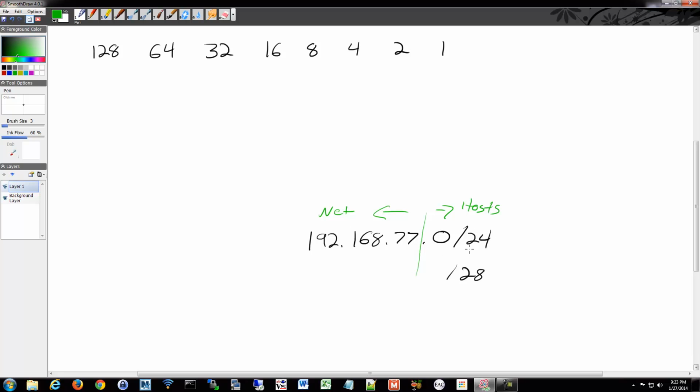Because remember, when we say /24 or /28, that's the prefix, that's the number of bits on the network side. So that's 8, 16, 24 bits. If I'm making a /28, I need 8, 16, 24, 25, 26, 27, 28. I need to borrow half the bits from the host side. So I need my division line to be over here somewhere.